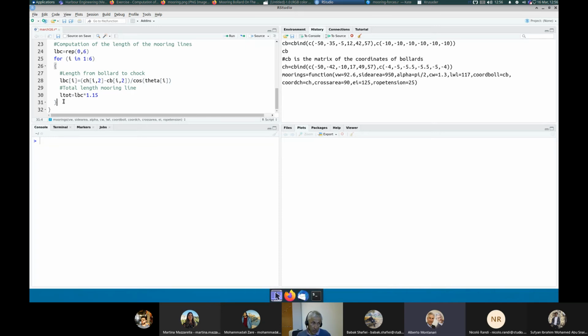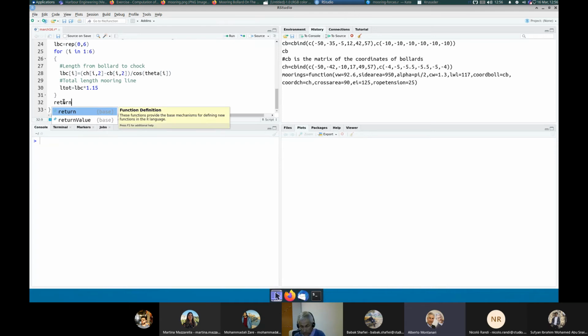But let me tell the function to return something if I want to check. So let's write, for instance, and here I created a blank line, return. What should I return? I don't know. Let's return LTOT, okay? And let me save it.